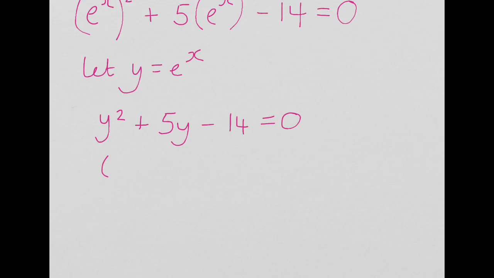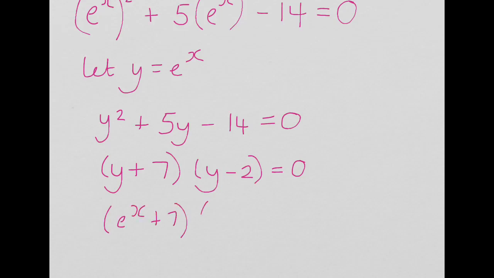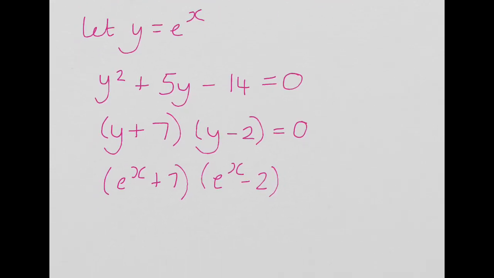So if you've got one of those clever graphical calculators now, you're typing it in. And you'd get that. And remember, that means that it's e to the x, add 7, and e to the x subtract 2.